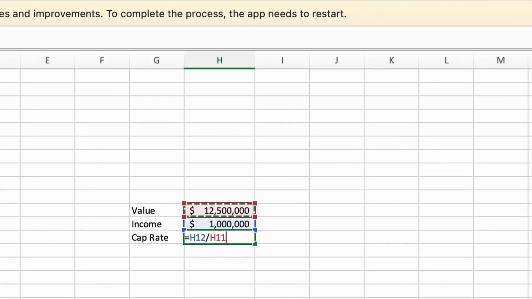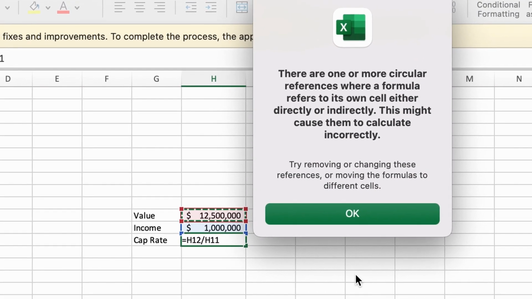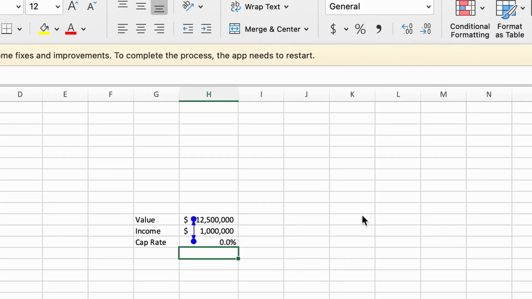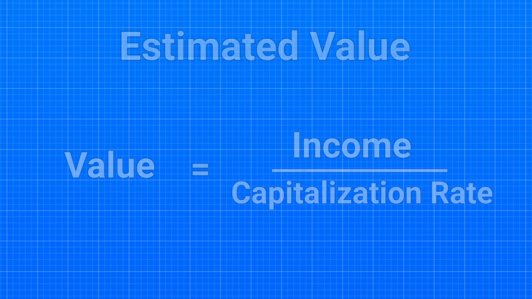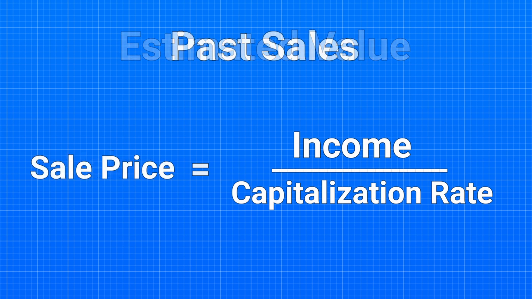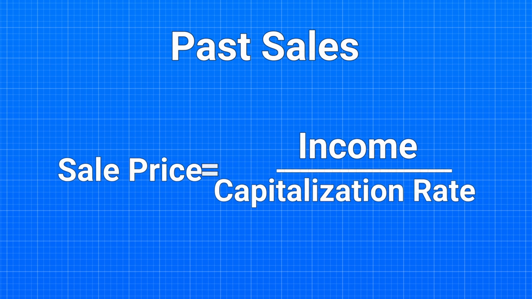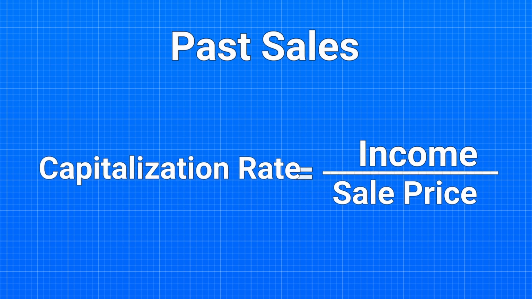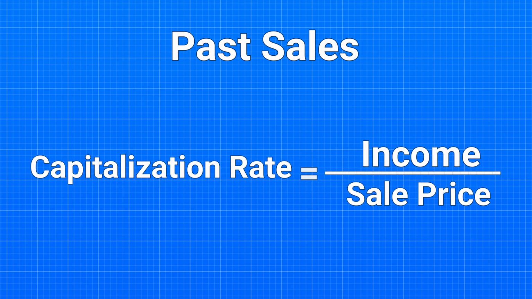One common valuation issue was something I call the circular reference, named after the spreadsheet error message that appears when accidental loops are created in formulas. Valuations using the income approach use a simple formula, which includes a property's income and a capitalization or discount rate. To determine the capitalization rate, valuers look to past sales and reverse the formula, using the known sale prices and incomes of comparable properties.